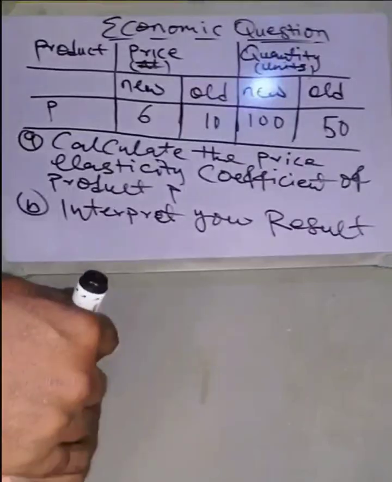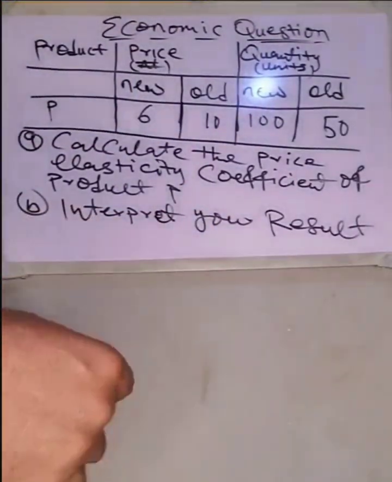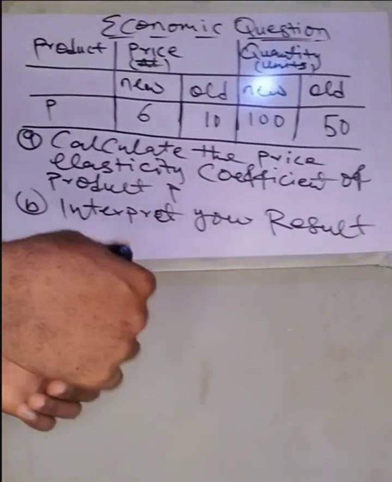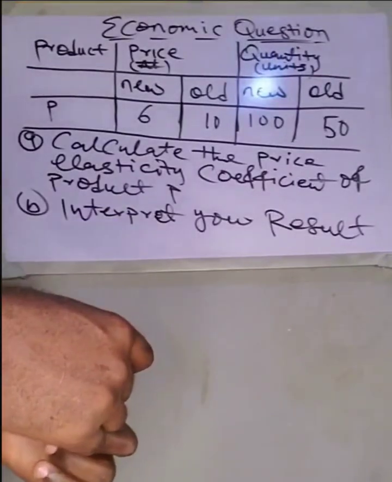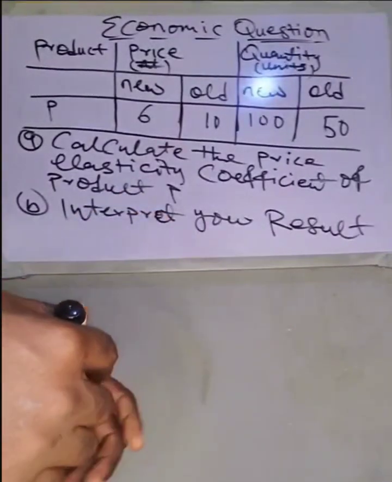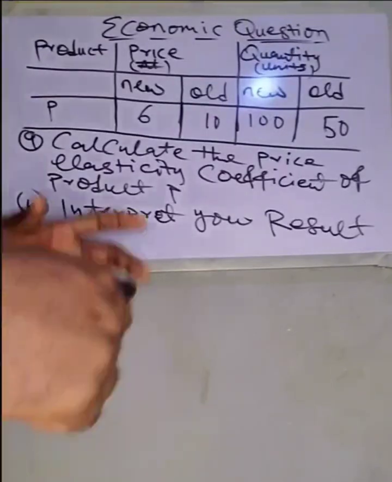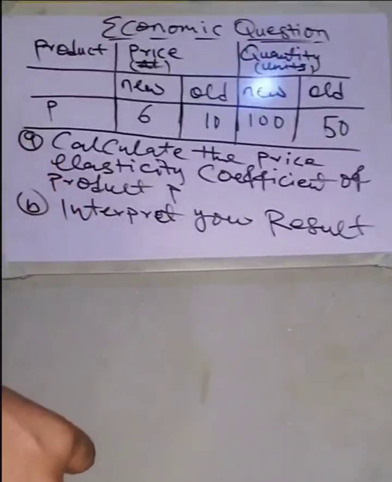Or you use constant negative in bracket change in quantity demanded over change in price dot old price over old quantity. That is the formula. Let's find a way to do justice to this question.